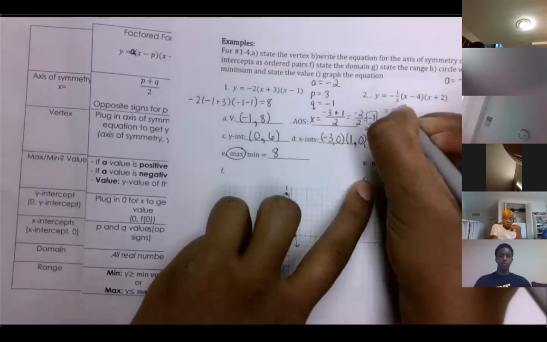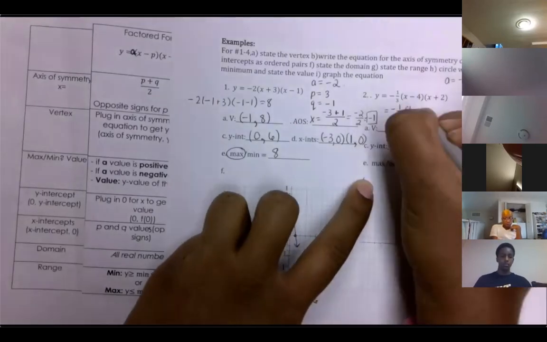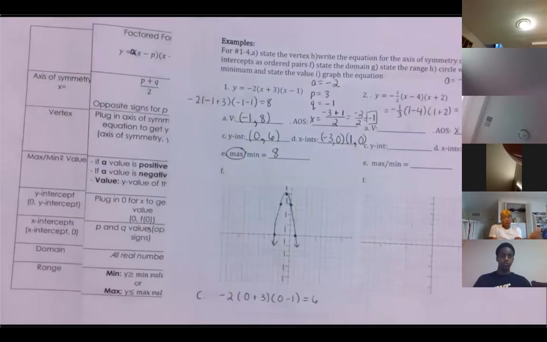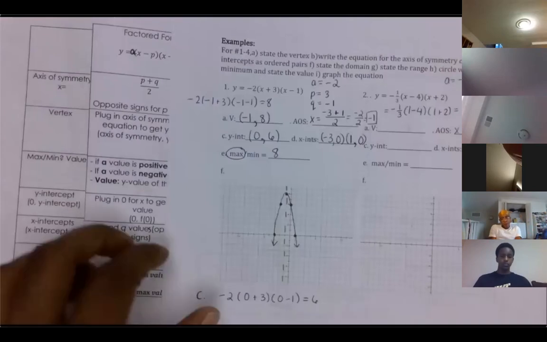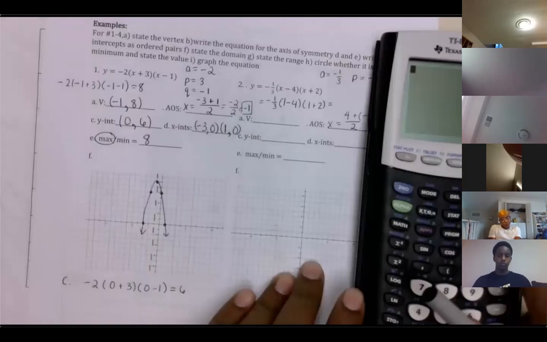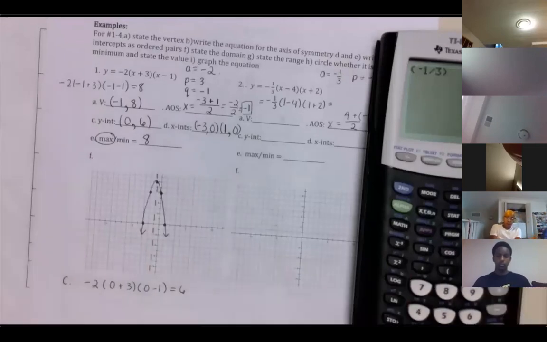So we've got negative 1/3 parentheses 1 minus 4 parentheses 1 plus 2. And this one's a little tricky because it's got a fraction in it. So when you put it in your calculator, you're going to put parentheses negative 1 divided by 3 to get that negative 1/3.